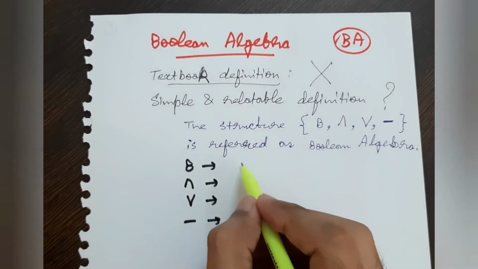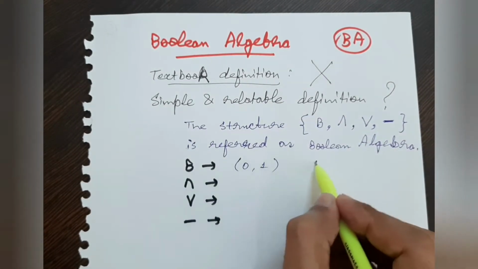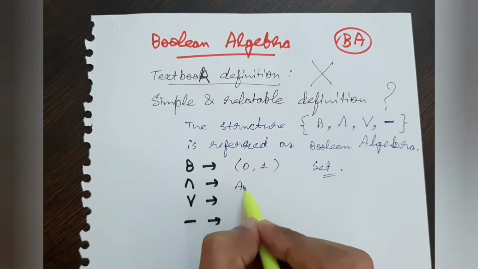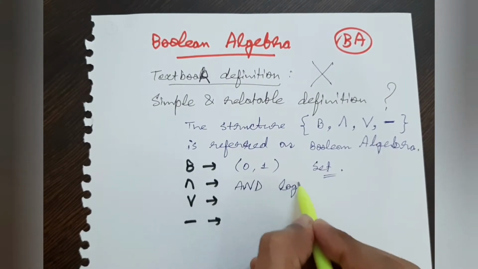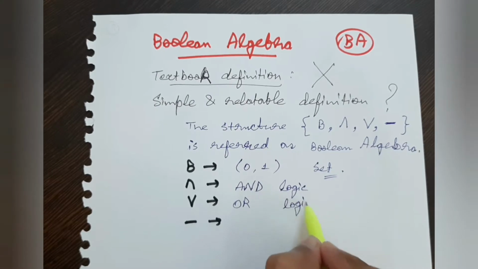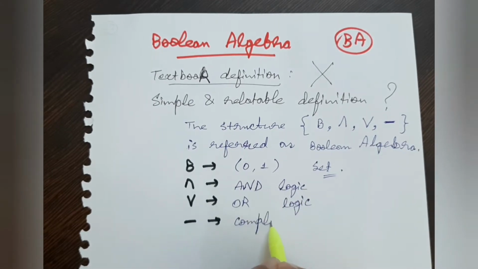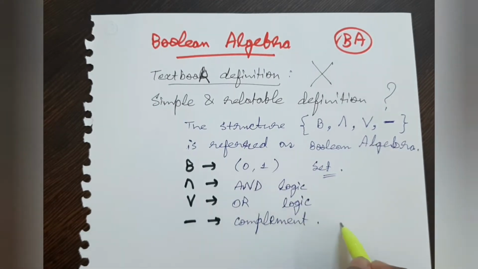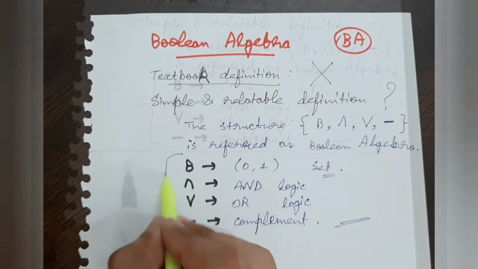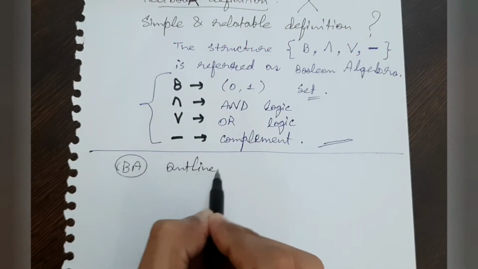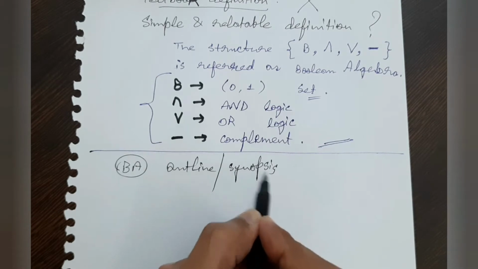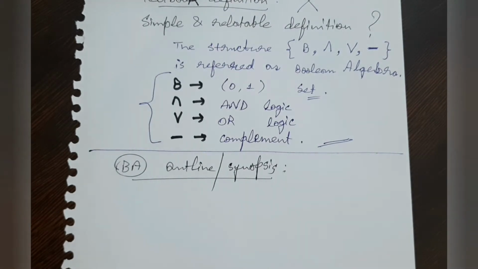Then the symbol below B, the inverted V, represents logic AND. Then the third symbol V represents logic OR, and the last symbol is used for complement. So all these four things which form the structure comprise Boolean algebra.